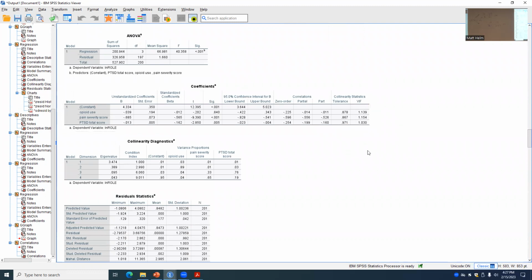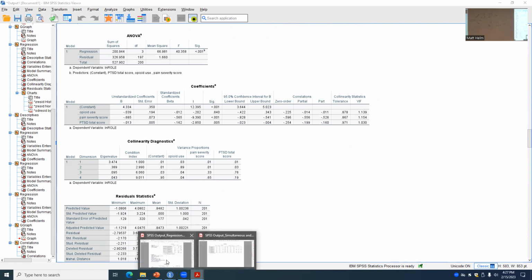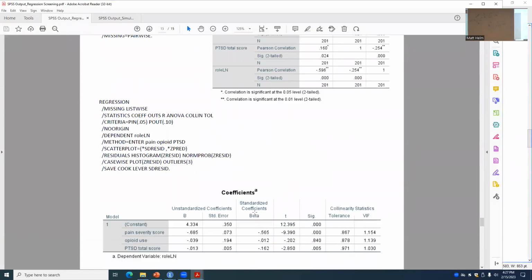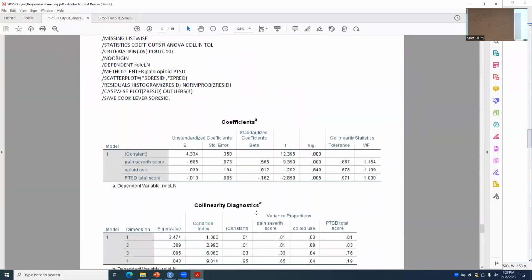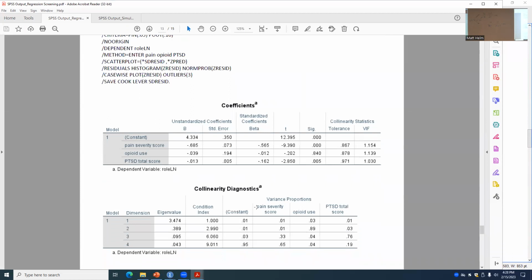Again, we're looking at tolerance values less than 0.1 and VIF values greater than 10. Is anything looking problematic from that standpoint, based on my tolerance, my VIF? Okay, so no issues, nothing to talk about in terms of collinearity.